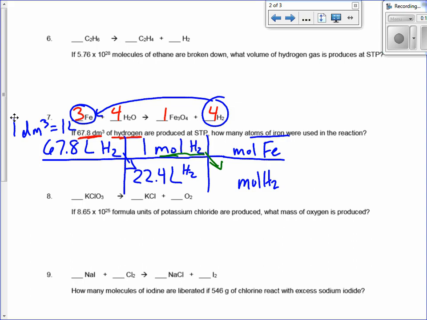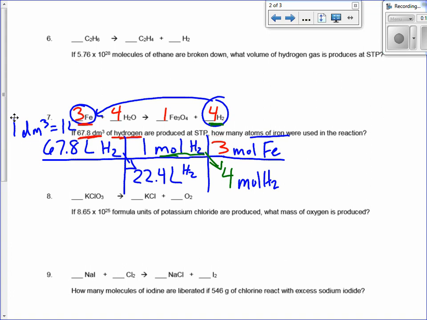So this is the mole ratio step. Now where do I need to look? The coefficients in the balanced equation. So what's my coefficient for hydrogen? Okay. What is my coefficient for iron? 3. Good.